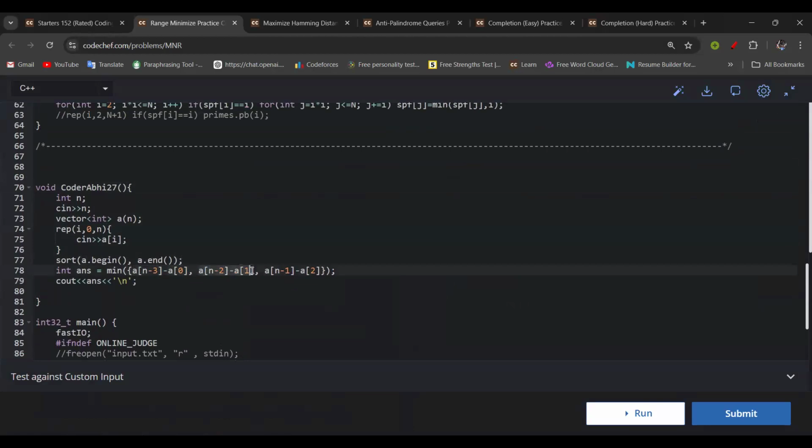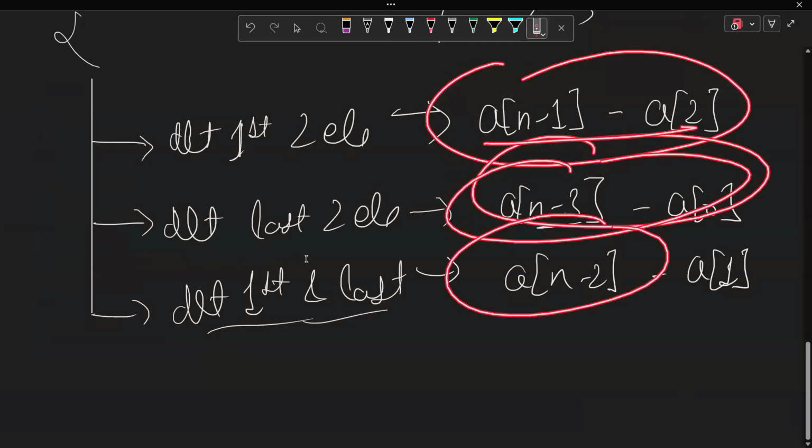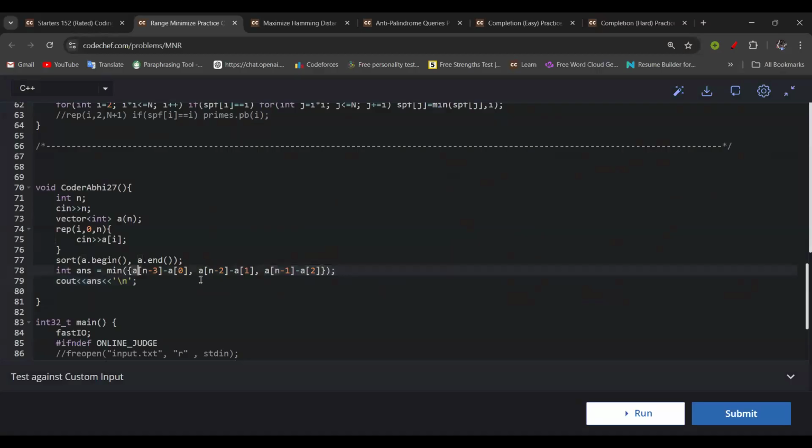This is the first case, this is the second, and these are the three cases that we are taking: a[n-1] minus a[2], and so on. I'm just taking the minimum of all those three cases, and that would be my answer. I'm just printing my answer. I hope this problem is clear and there are no doubts. If there is any doubt, you can just ask.